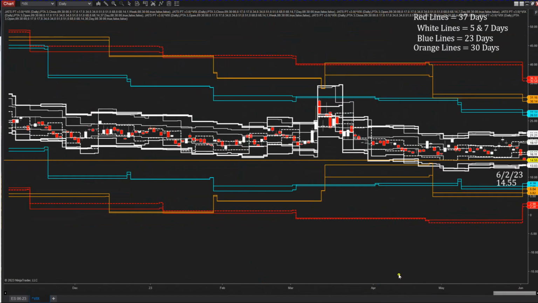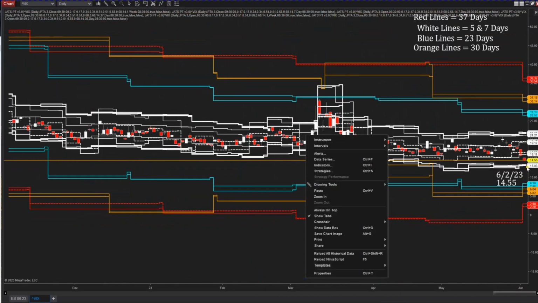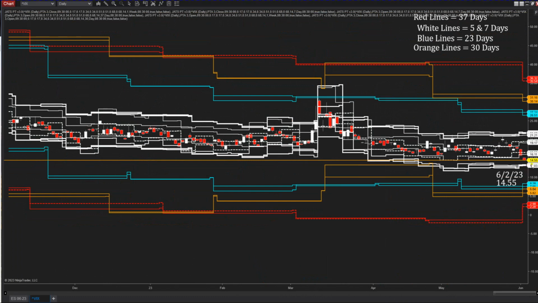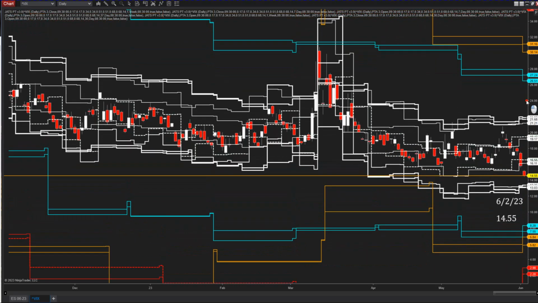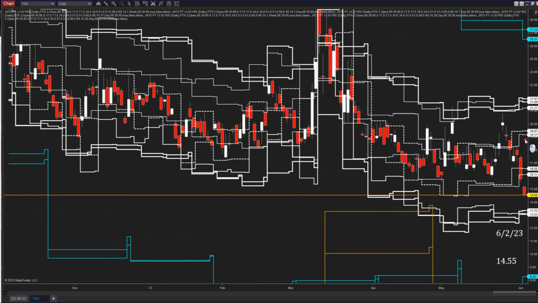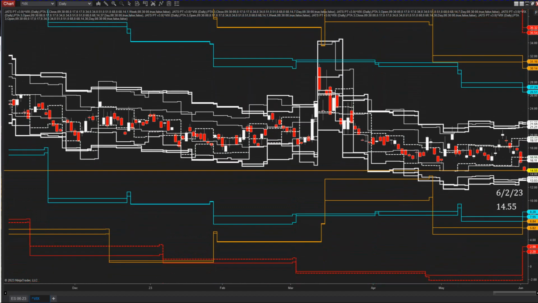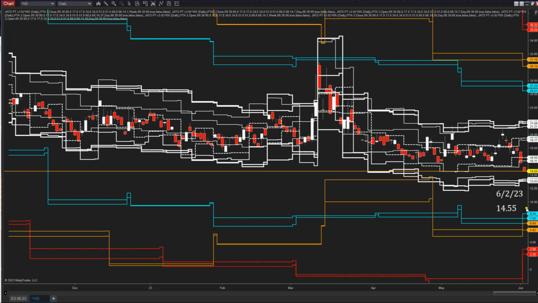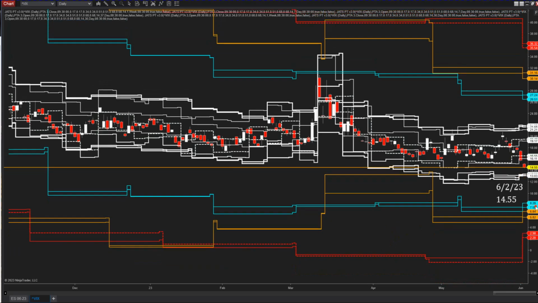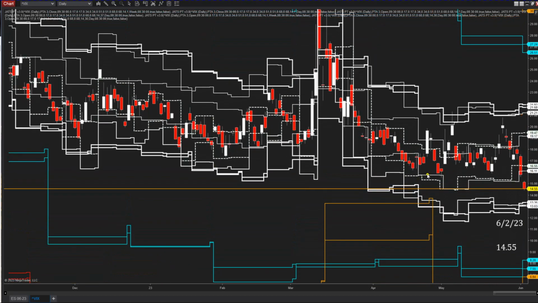And so we've got to be careful because we're getting down to these lower white lines, 1303 and 1336. So we're getting kind of close, within I would say a couple of sessions from landing on that. And that might get us a reaction from the market to increase the volatility and push it back into the other side.